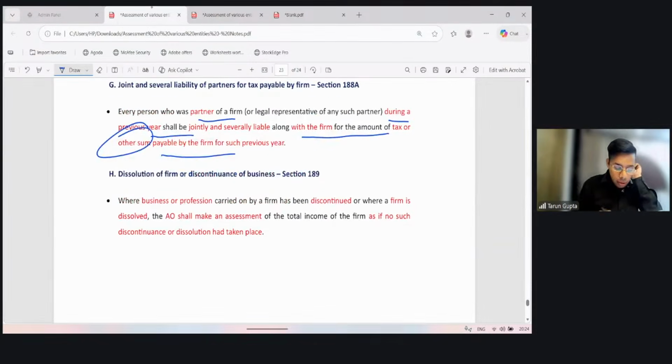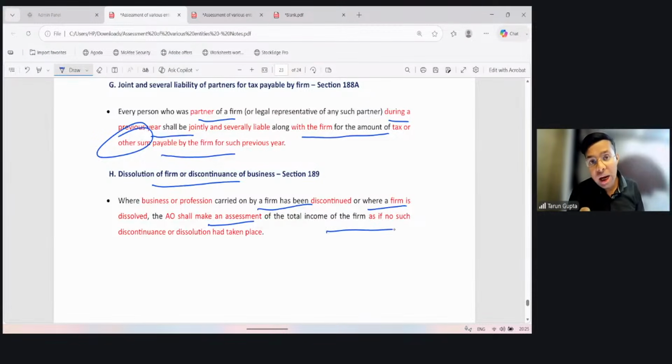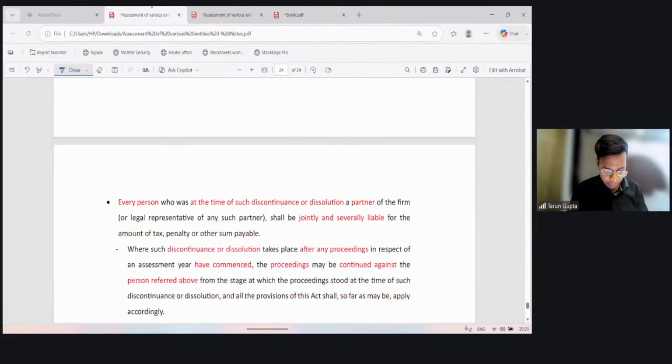However, if there is a dissolution of a firm, where the business or profession carried on by the firm has been discontinued, or where the firm is dissolved, the AO shall make an assessment of the total income of the firm as if no such discontinuance or dissolution has taken place.